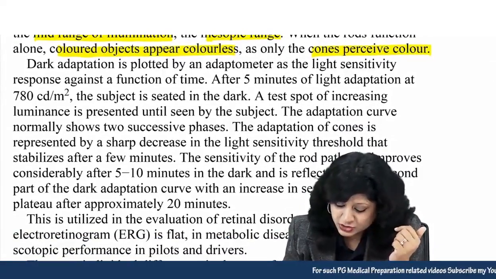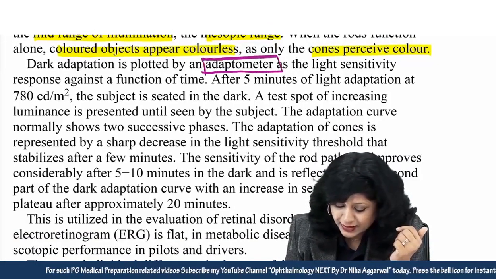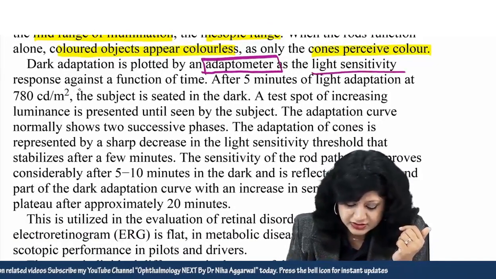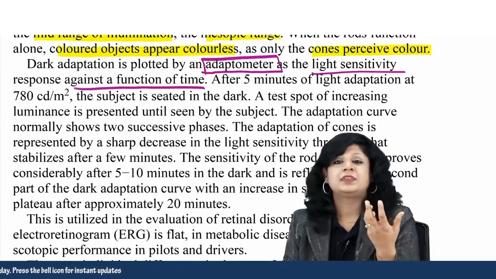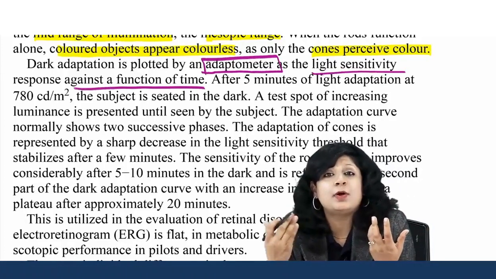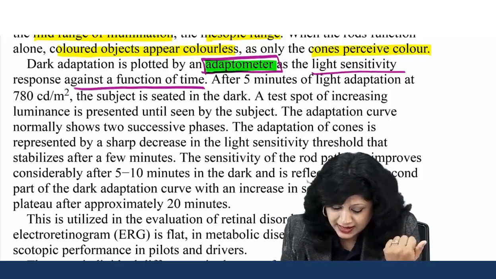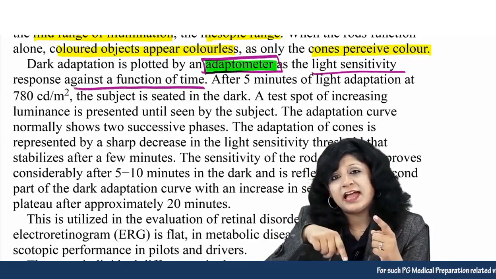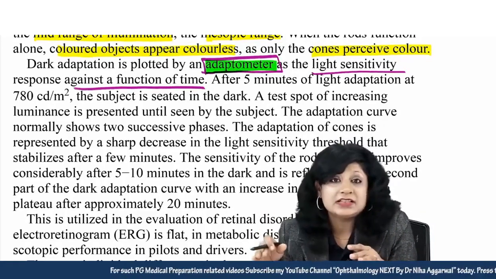Dark adaptation is plotted by an adaptometer, as the light sensitivity responds as a function of time. The instrument that is used is an adaptometer, and on one side I am plotting the light sensitivity, and on the other side the time.